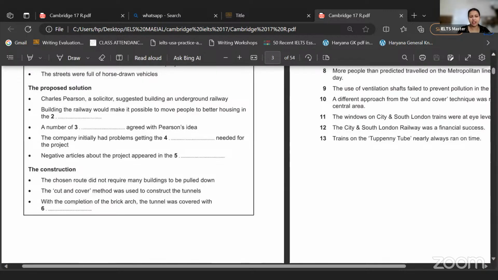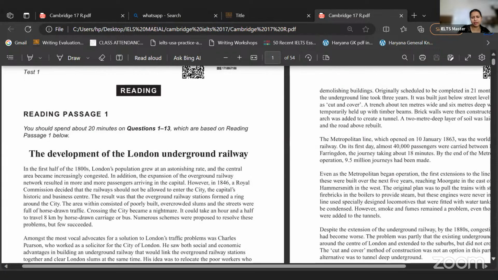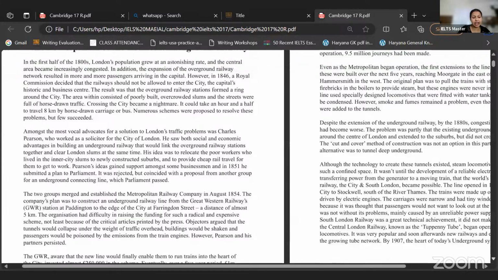The third question is, a number of dash agreed with Pearson's ideas. This is a keyword, so read out the subsequent line.